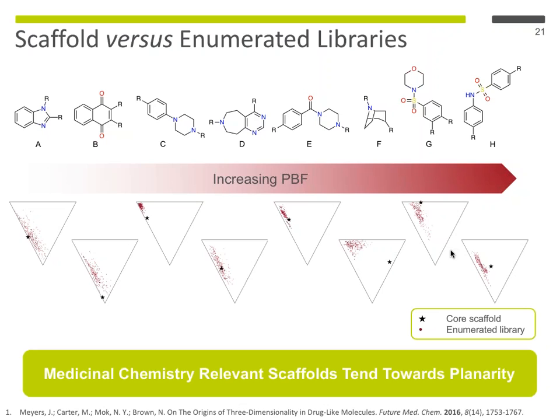And along the bottom, you can see the scattered ternary plots, where the black star indicates the three-dimensionality of the level 1 scaffold, and the red dots give you the objective enumeration of virtual libraries using those most common structural monomers that we used in the analysis.